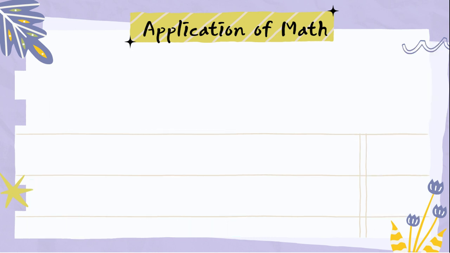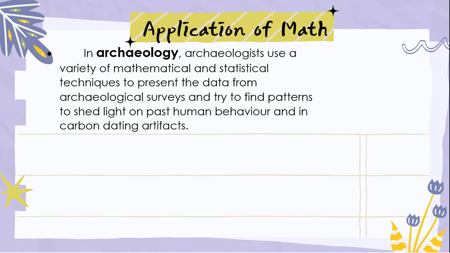And let's have archaeology. In archaeology, archaeologists use a variety of mathematical and statistical techniques to present the data from archaeological surveys and try to find patterns to shed light on past human behavior and in carbon dating artifacts. So, mathematics provides valuable support to archaeology.